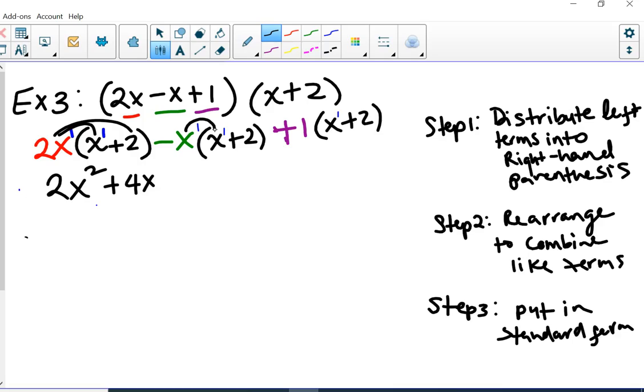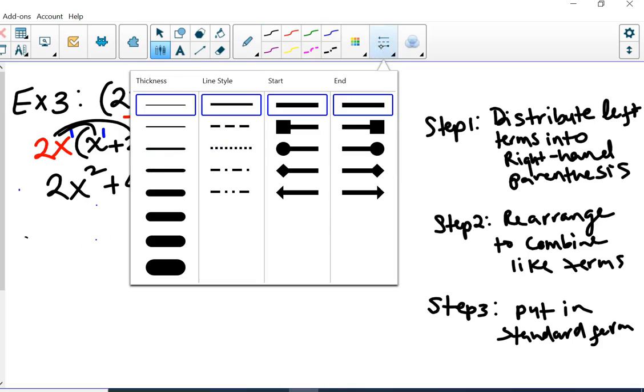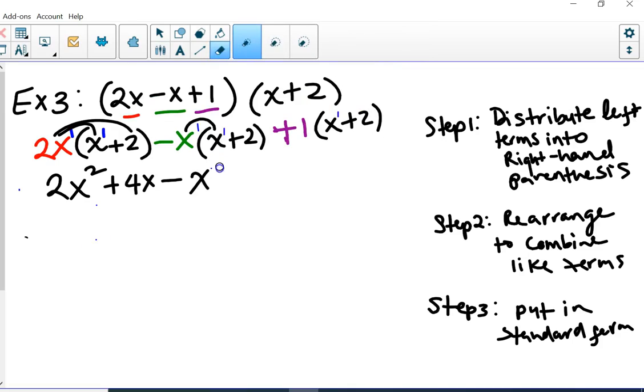So negative x times a positive x will give me a negative. x to the 1 times x to the 1, add your exponents, 1 plus 1, is 2. So I'm going to erase that and just put a 2. So minus x times x is minus x to the second power.